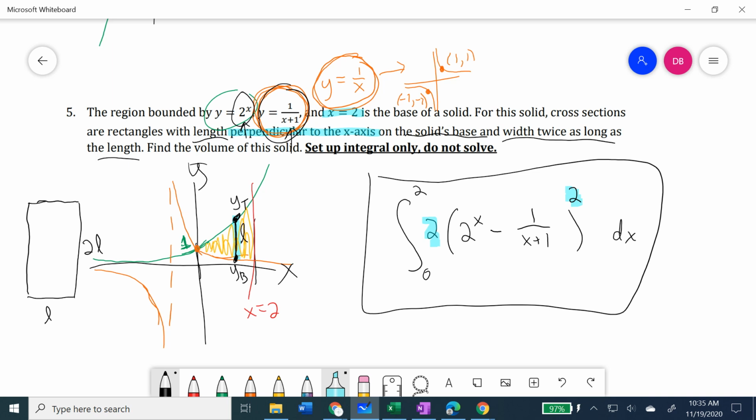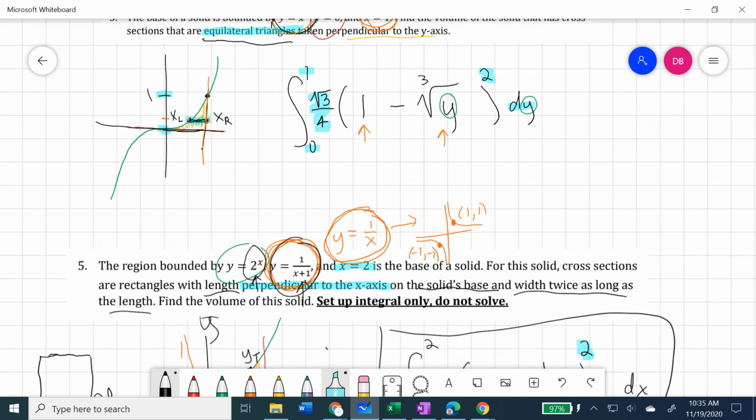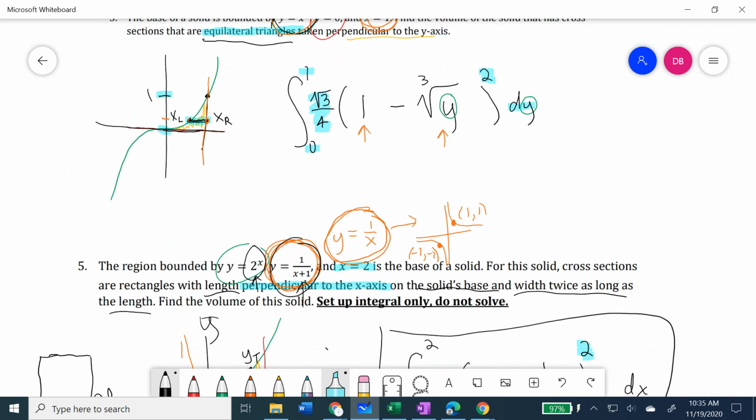So when you are told that the cross-section is perpendicular to the x-axis, you will draw in only the region of vertical line segment. If you were told that the cross sections are perpendicular to the y-axis, you would need to draw rectangles that are horizontal just in that region.